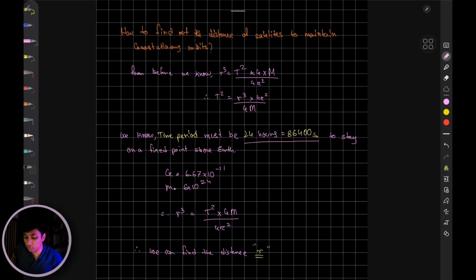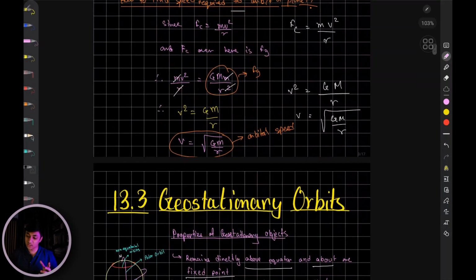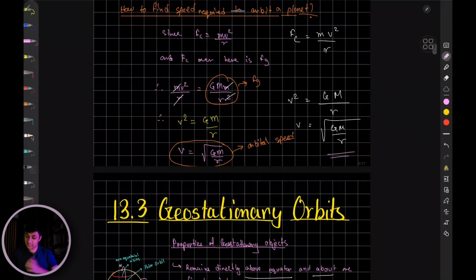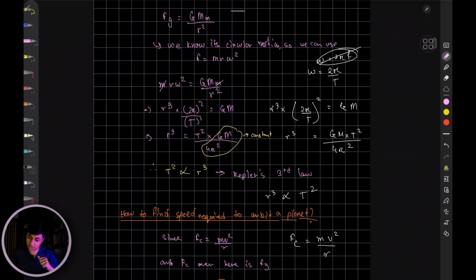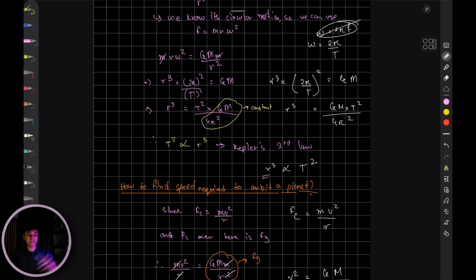Okay, so in this part we're going to see at what distance the satellite needs to be to maintain geostationary orbit. That is, have the same period as the Earth's rotation, right? It needs to revolve along with Earth. So notice, for the satellite to remain in that exact orbit, it cannot be at any altitude. If you've watched the previous video, you've noticed that it needs to have a certain radius to have a certain time period.